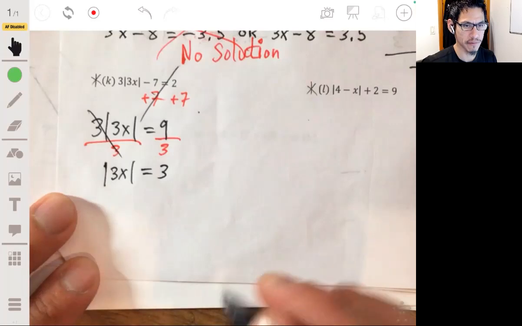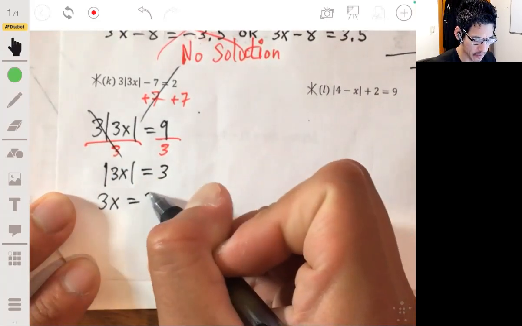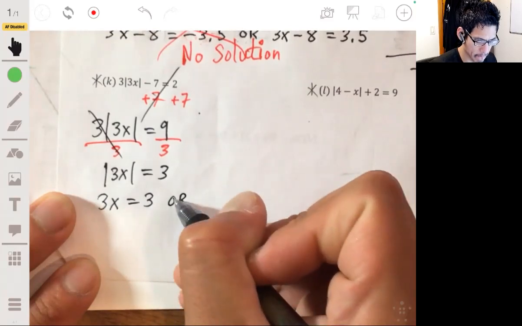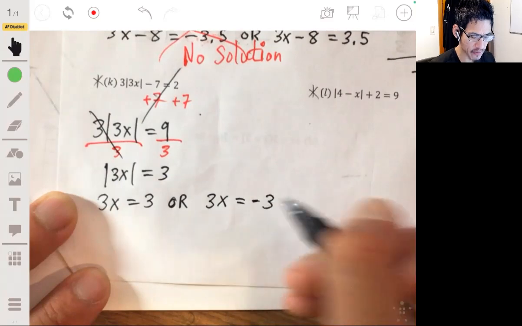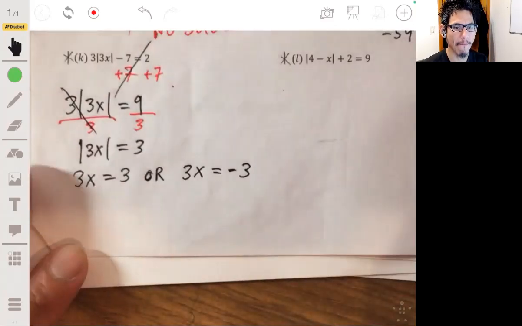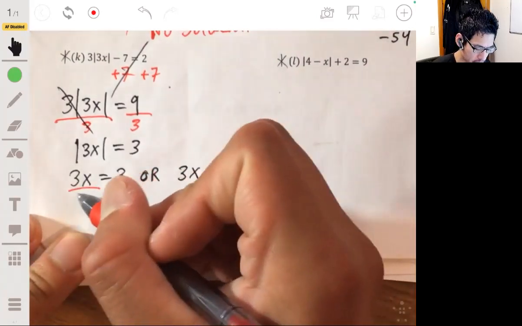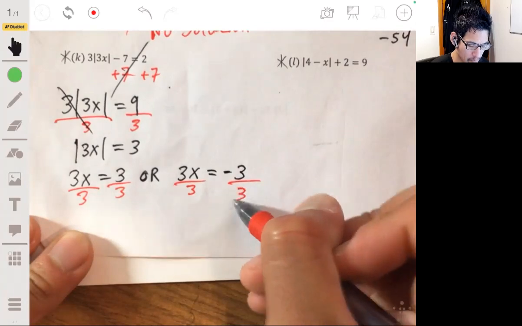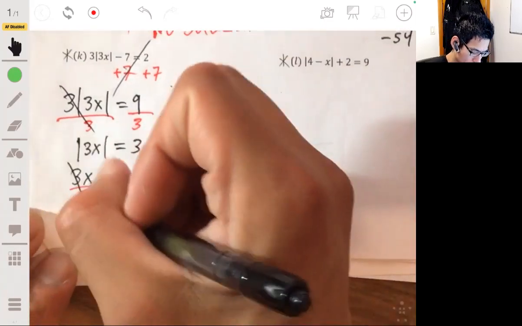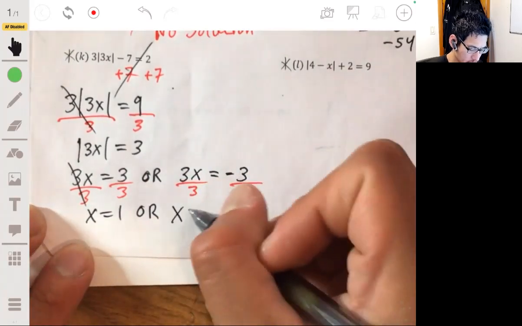And now we can set up our two equations. 3x equals 3, or 3x equals negative 3. Now we just solve both of these. We'll do it all together. x is 1, or x is negative 1.